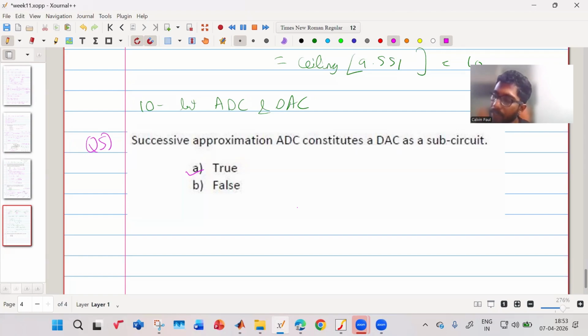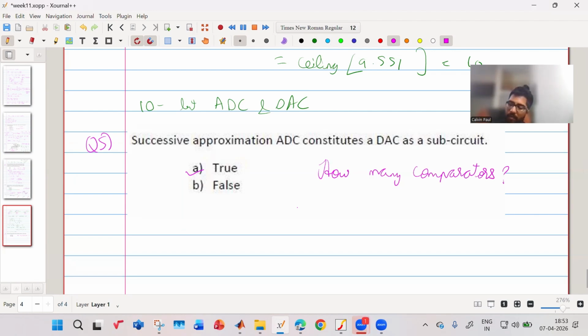Let me ask another question. How many comparators does a successive approximation ADC require? Does it require 10, the number of bits? It requires one.